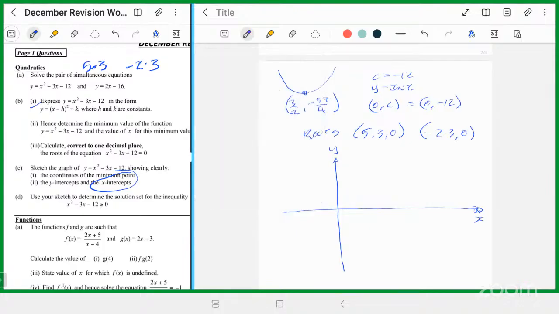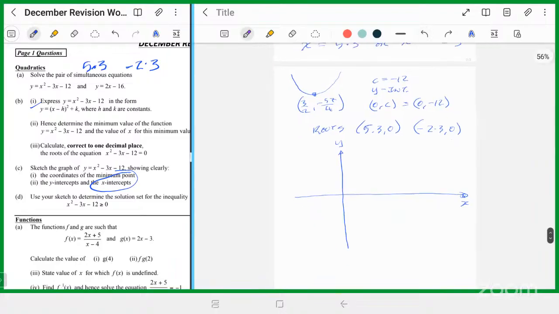So, where would this point be where it turns? It will be where the x value is positive and the y value is negative. So the positive x value and a negative y value means that the turning point is somewhere down here. And the next question is, where does it cut the y-axis? At 0, negative 12, which will be somewhere down here, where the y value is negative, the negative y-axis intercept.